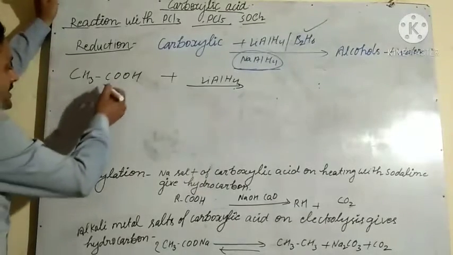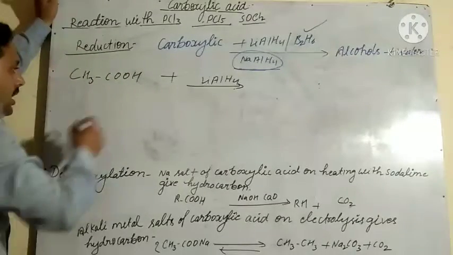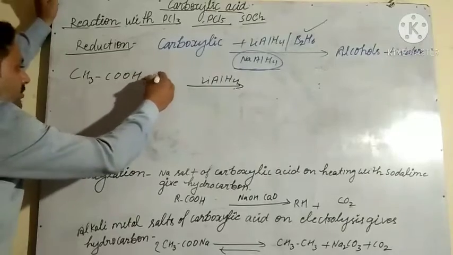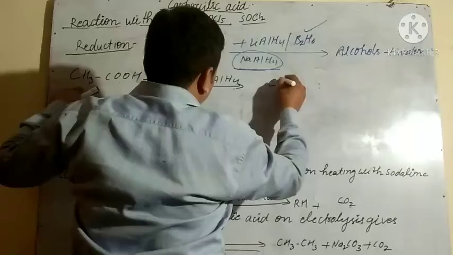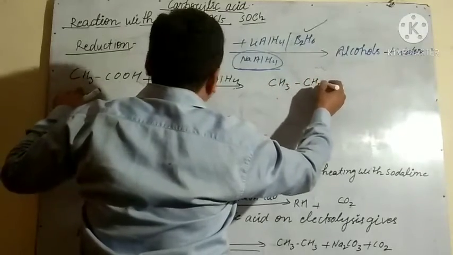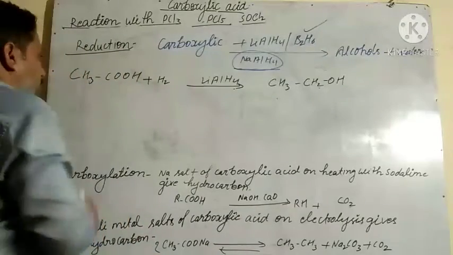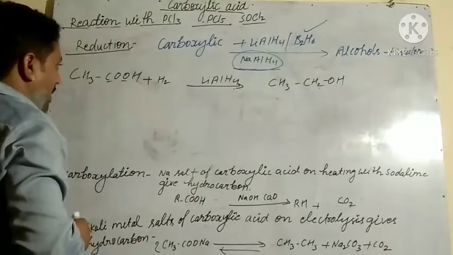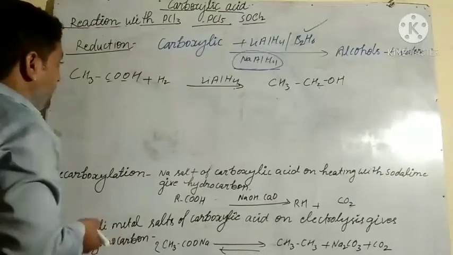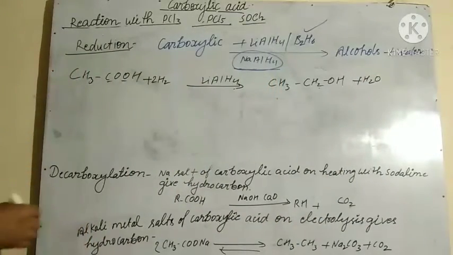Let us see how it changes. In reduction, hydrogen is added, as you might know. So CH3CH2OH: 2 H are added and 1 oxygen is left, which will be released as H2O. So 2 H2 we will use.